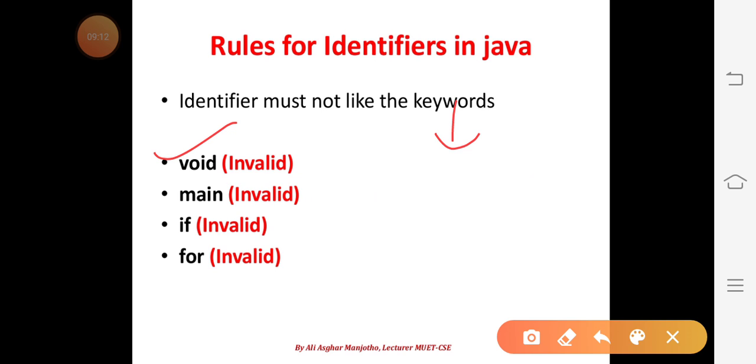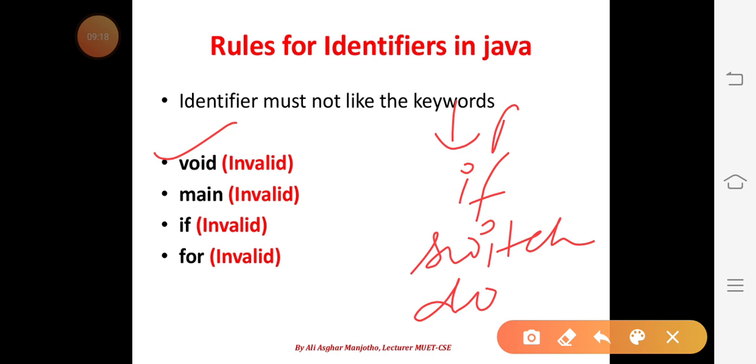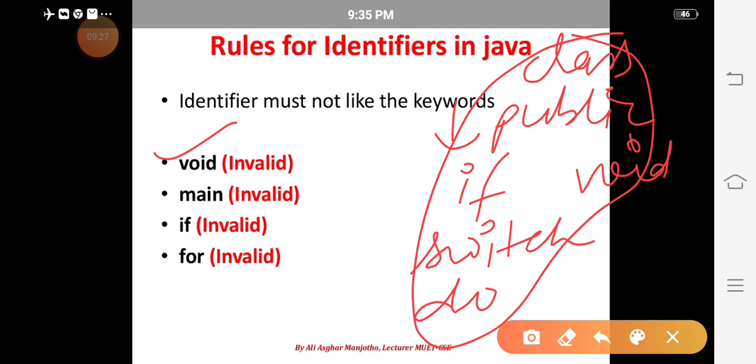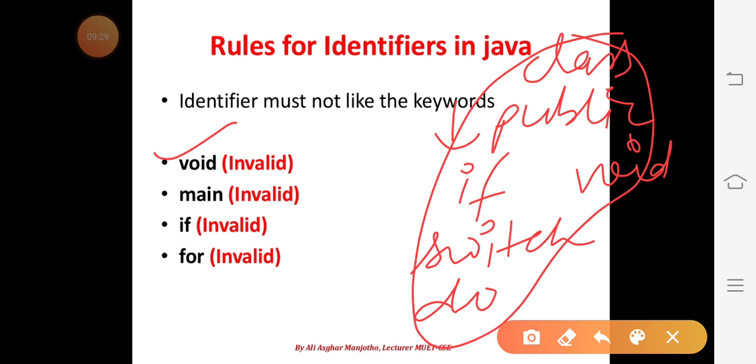For example, if, switch, do, public, class, void and many more. So all these are what? Keywords. So on the next page you can write the definition for keywords also, right? So void, invalid because it is a keyword. Main, invalid because of keyword. If, invalid because of keyword. For, again invalid because of keyword.